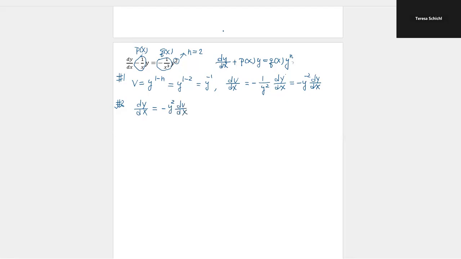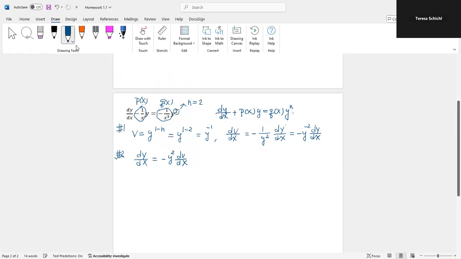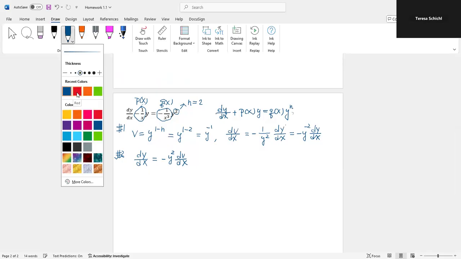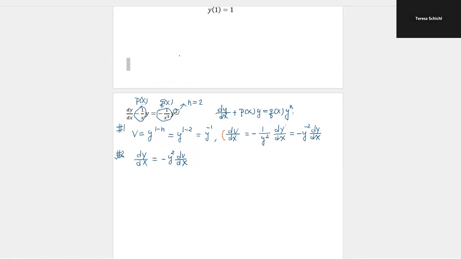Basically what I did here is multiply both sides by negative y squared.